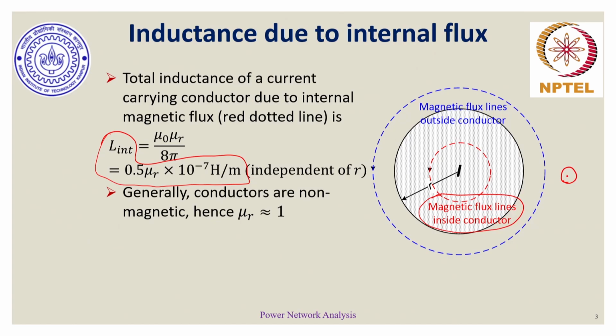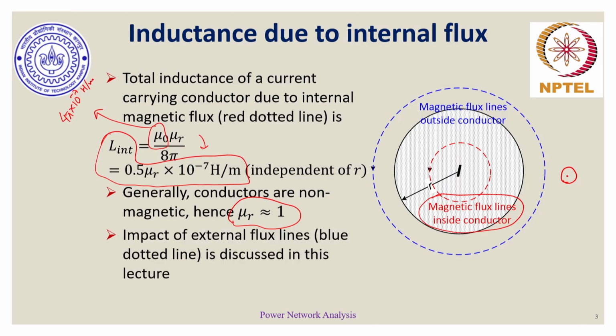It's also independent of the current I. Generally, electrical conductors are good electrical bodies and poor magnetic material, so we can also safely assume that the relative magnetic permeability is equal to 1. Mu naught is the absolute permeability, whose value is 4 pi into 10 to the power minus 7 Henry per meter. So, that is how we get this expression.